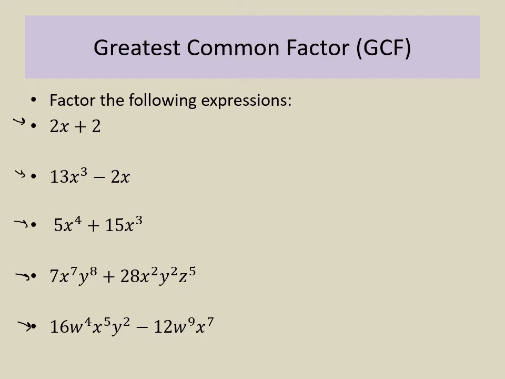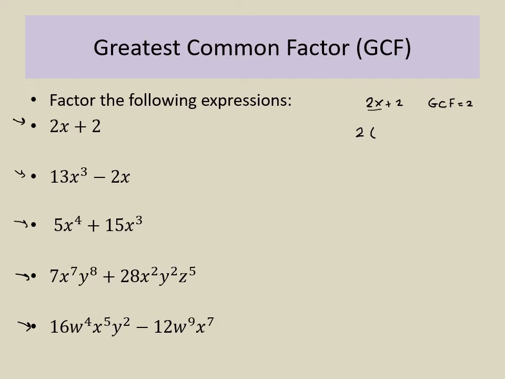Okay, let's take a look at our first one. Factor the following expressions. We have 2x plus 2. Our greatest common factor here is going to be 2. When we factor out the 2, we open the parentheses, and then remember that what we get here is a result of division.